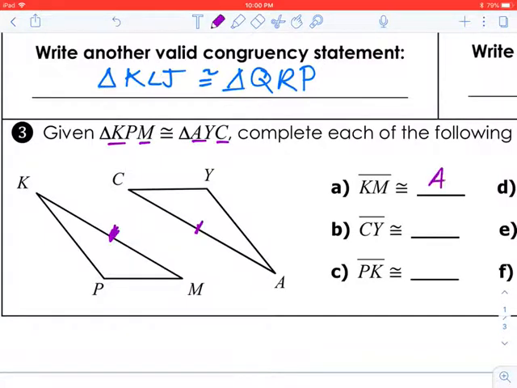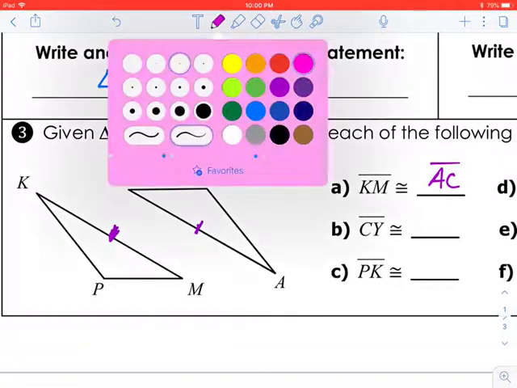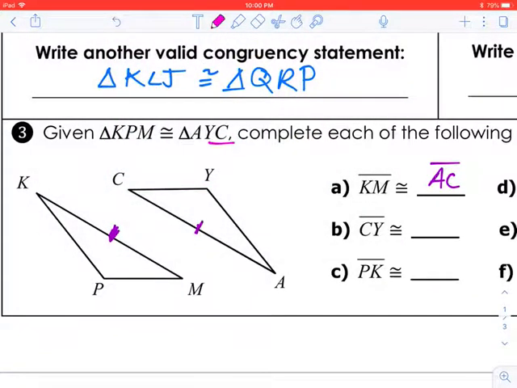And then you have CY, same deal. Look at your situation here. CY is the last two, so PM is the last two, or MP, either way. And then finally PK is second and first, and YA would be second and first as well.